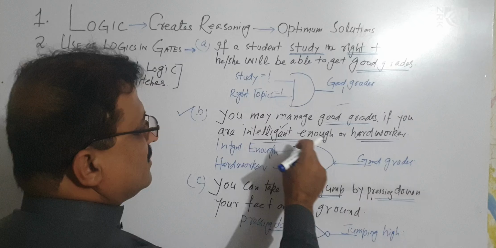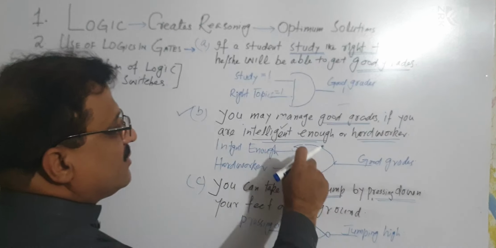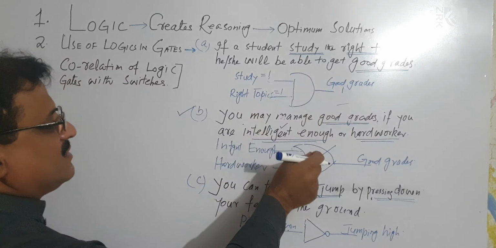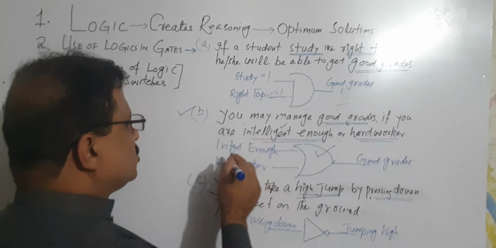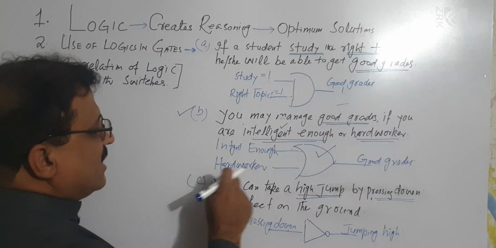Now in this statement, if we have to put this statement into a logic circuit, we are required to implement the OR gate instead of the AND gate. Here, OR gate means the two input conditions are intelligent enough and hard worker.